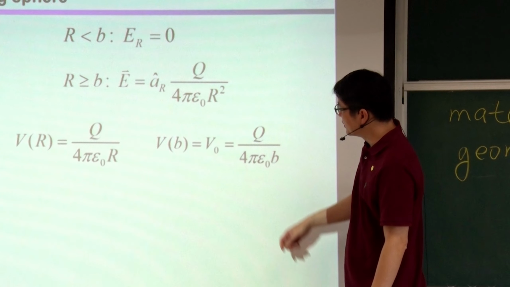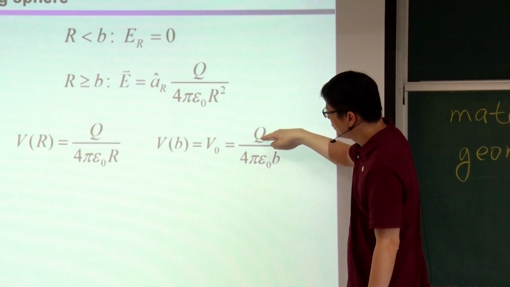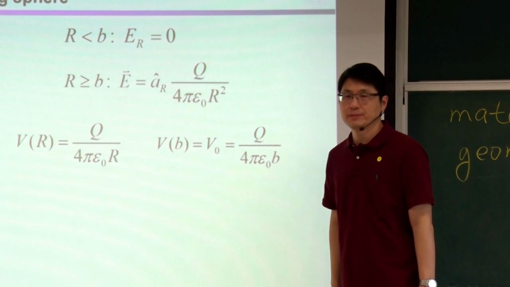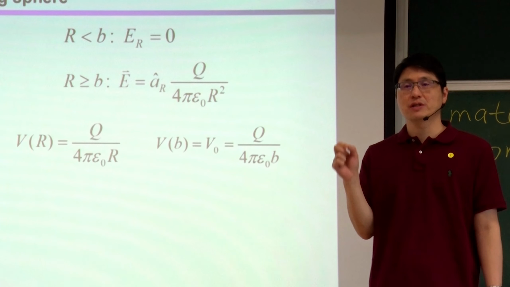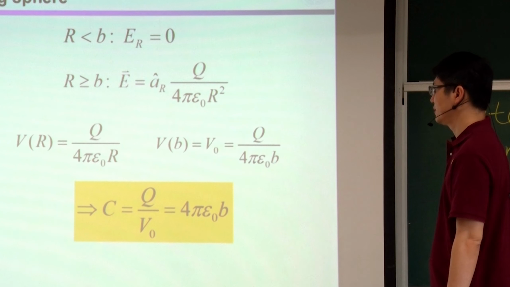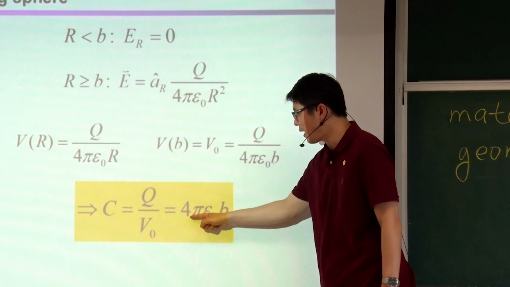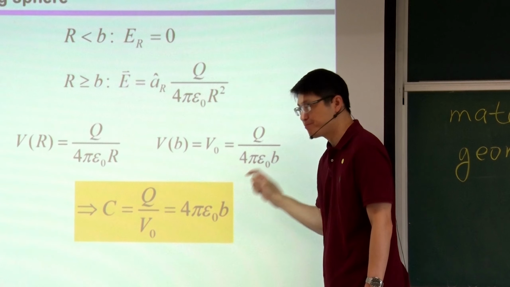So all we have to do is take Q and divide it by V0. That is the definition of capacitance. So that is 4 pi epsilon 0 b.